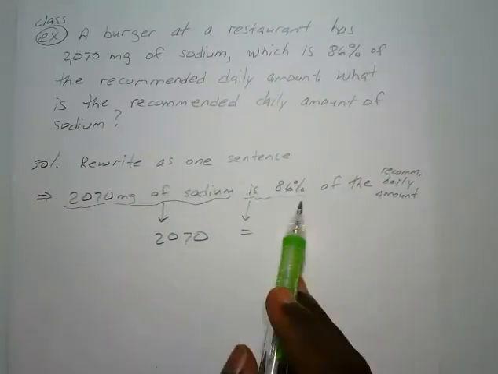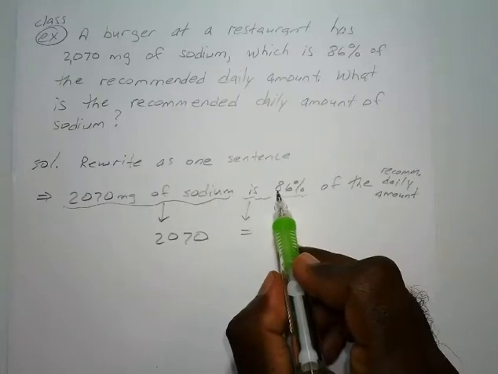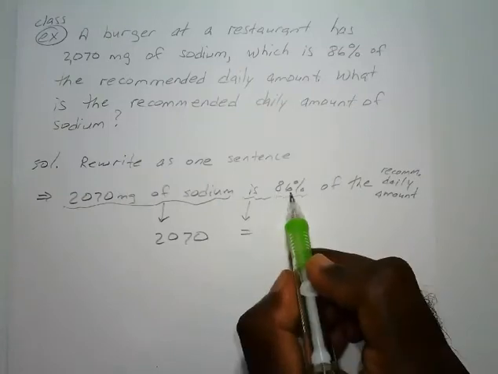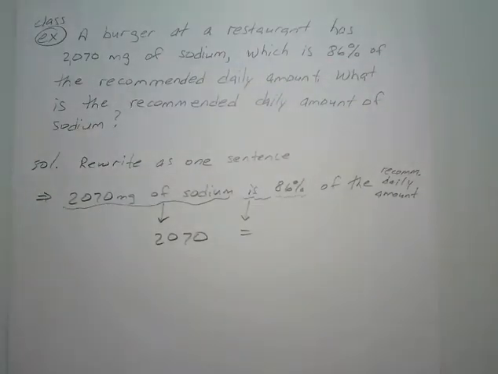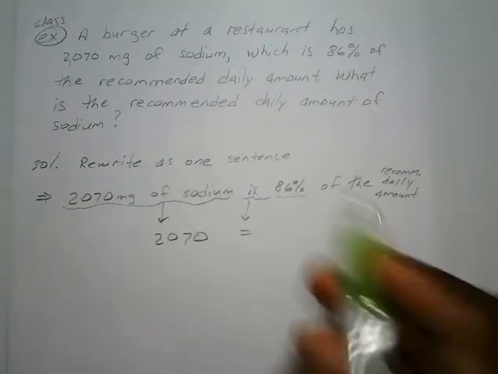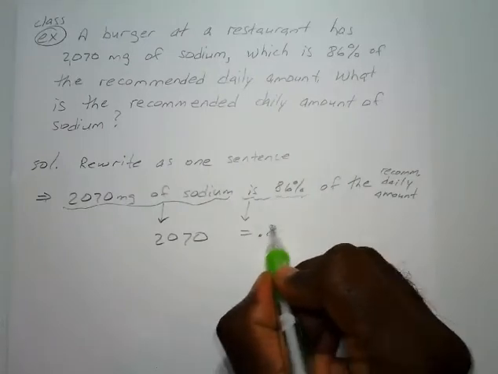86%, remember you have to convert that to decimal. So to convert from percent to decimal, you move it 2 spaces to the left. Remember, to convert from decimal to percent, you move it 2 spaces to the right. So percent to decimal, 0.86.